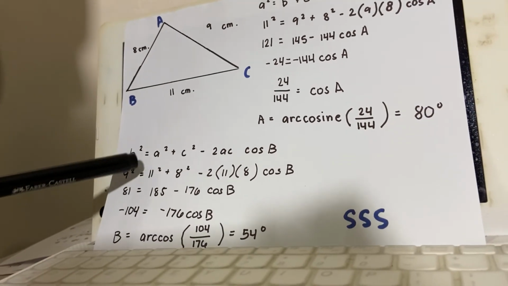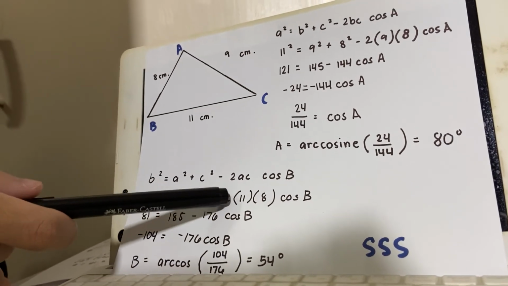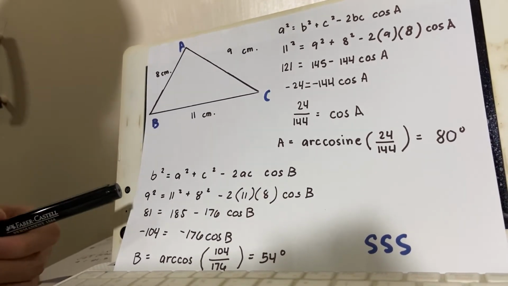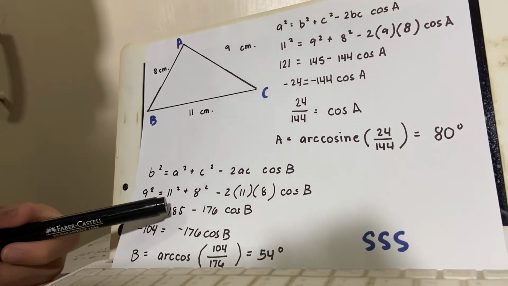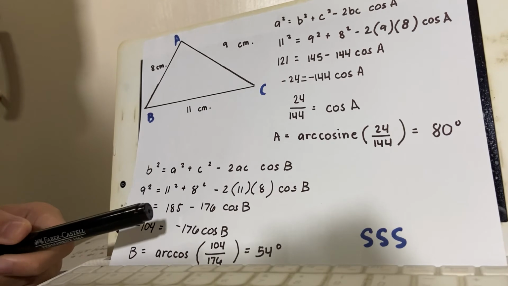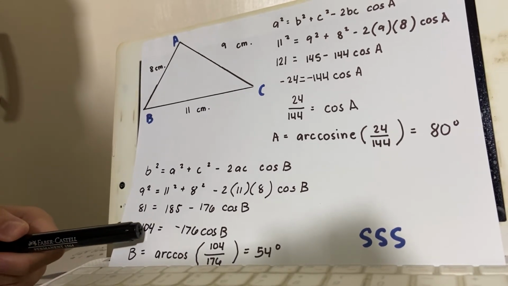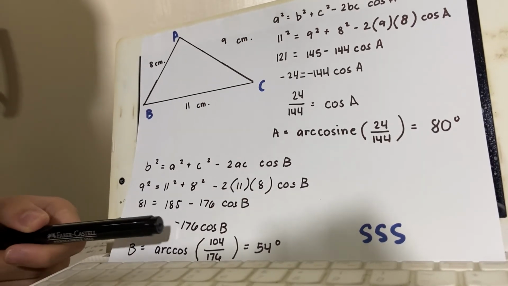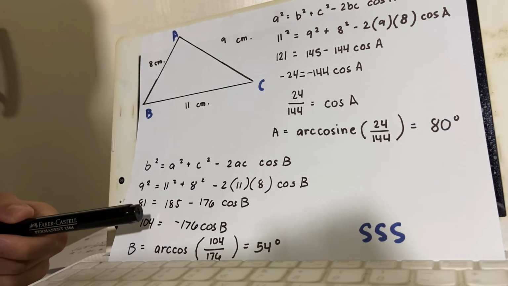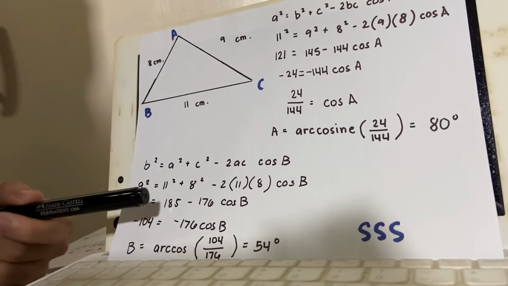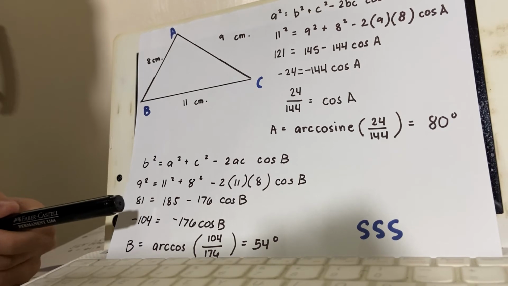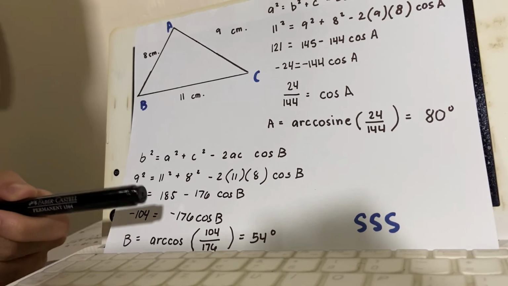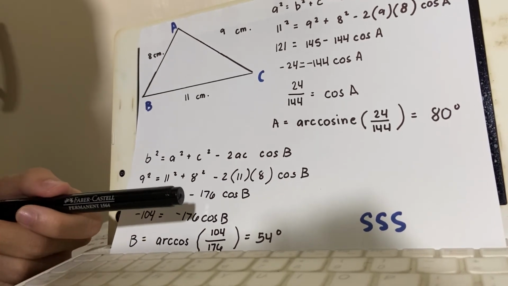So that's 9 squared equals 11 squared plus 8 squared minus 2 times 11 times 8 times cosine B. Once that's done, you should get 81 equals 185 minus 176 times the cosine of B. And again, negative 104 equals negative 176 cosine B. Again, manipulate the formula so you can just get cosine B. So that should be 104 over 176 because negative divided by negative is positive. And then again, in your calculator, arc cosine 104 over 176 would be 54.